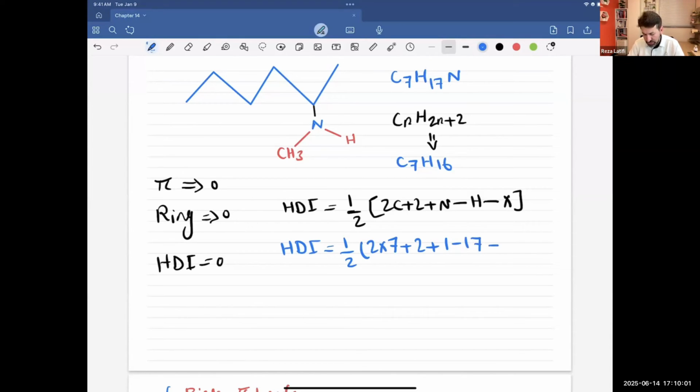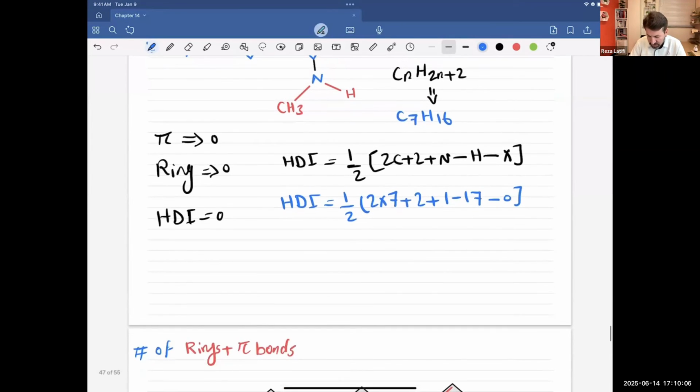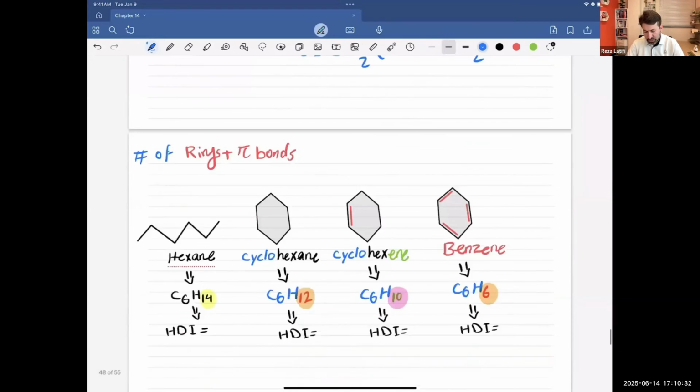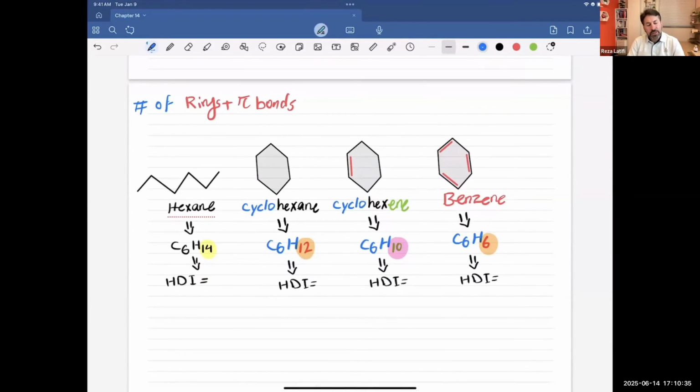Do we have chlorine or a halogen atom? No, so it's minus 0. That gives half of 14 plus 3, which is 17, minus 17. 17 minus 17 is 0, divided by 2 is 0. So the hydrogen deficiency index is equal to 0 because I don't have any pi bond or ring. Let's keep practicing.